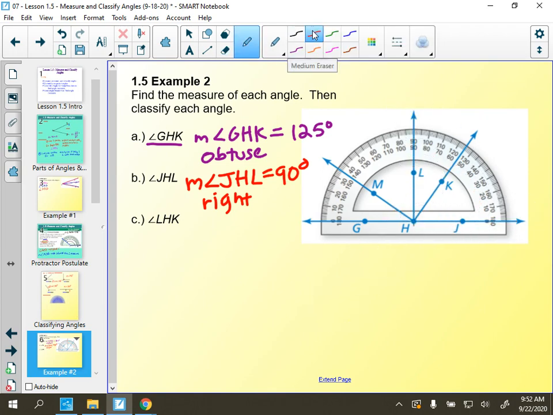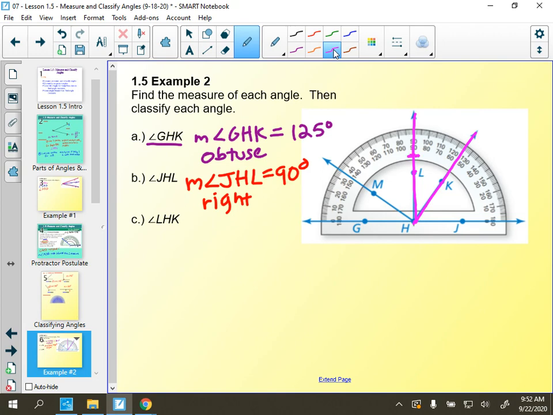All right, one more, clearing off. I like this last one. It's a little bit of a different look, probably not how you would traditionally measure an angle, but I can still find the measure of angle LHK. I'm just going in order of L, H, K. I've got to be a little bit careful. I'm really looking at the difference between the two numbers. It really doesn't matter if I work with the inside numbers or the outside numbers, but just stay consistent.